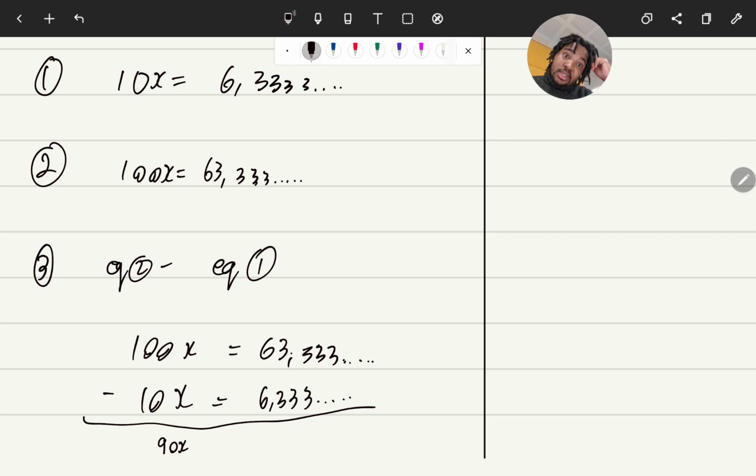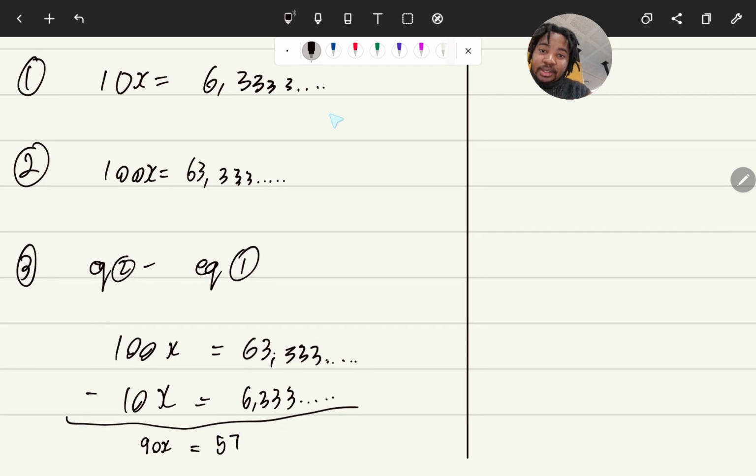Yeah, the number I was putting there was scary. So we have 90x, and then here, of course, now this 0.333 and 0.333 are going to minus each other. 0.333 minus 0.333, 0. And then 63 minus 6, that will be 57.